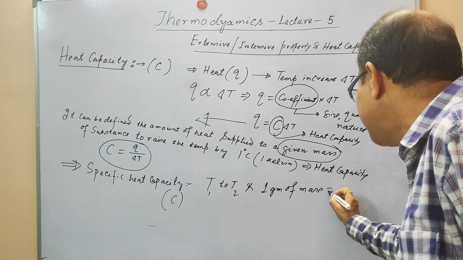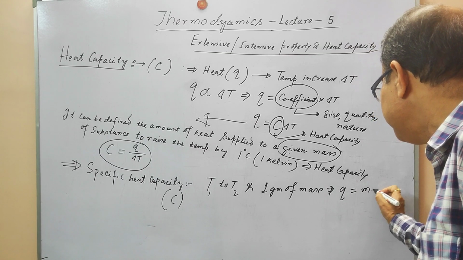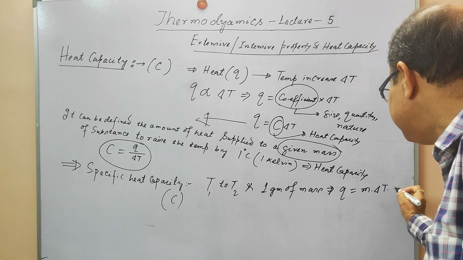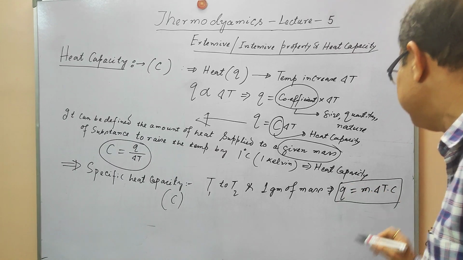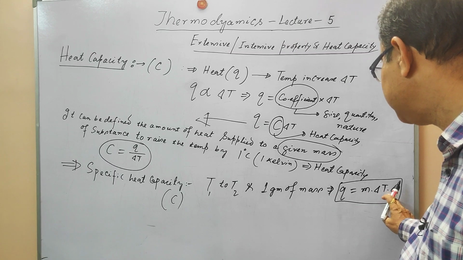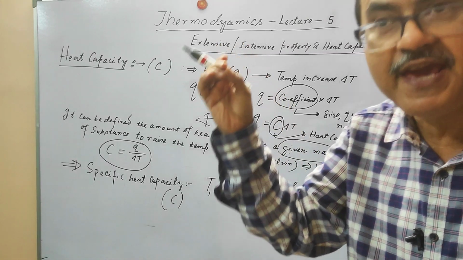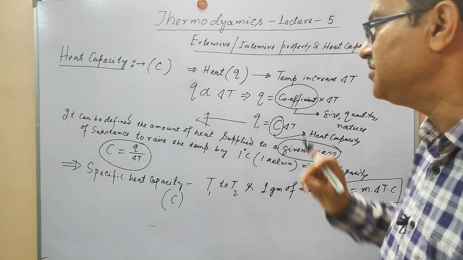So we can write Q is equal to M into c into delta T. So you can see the difference: here M is specified, there M is not specified.